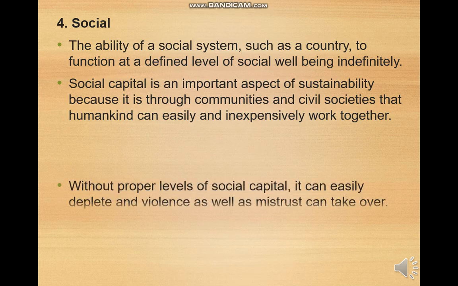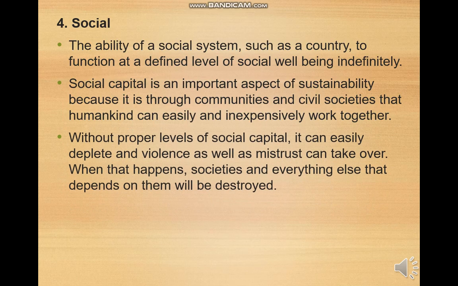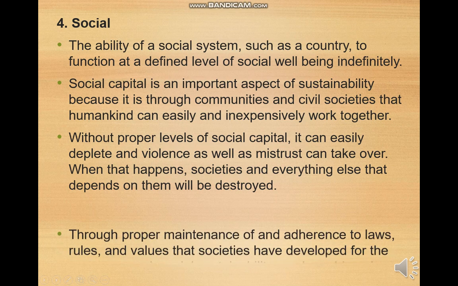Without proper levels of social capital, it can easily deplete and violence as well as mistrust can take over. When that happens, societies and everything else that depends on them will be destroyed. Through proper maintenance of and adherence to laws, rules, and values that societies have developed for the common good, social sustainability can be achieved.